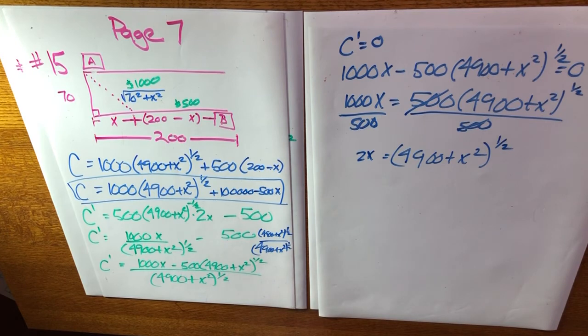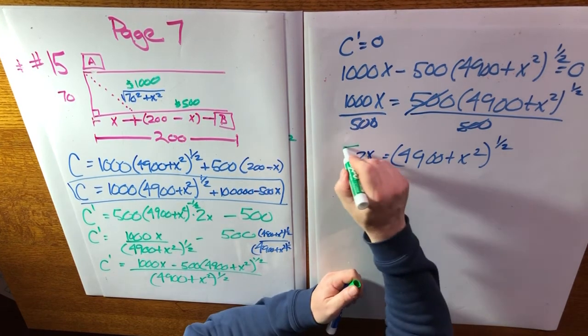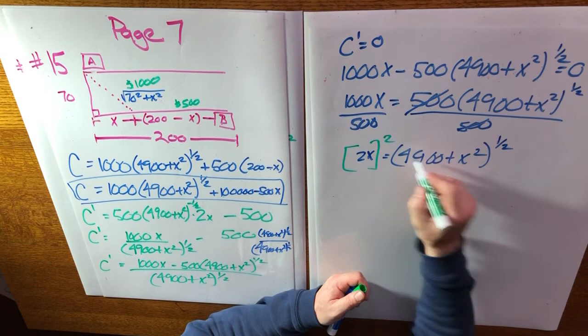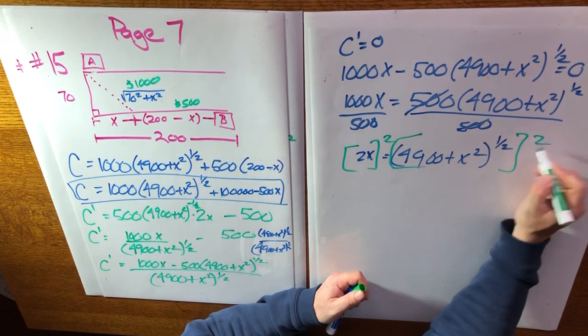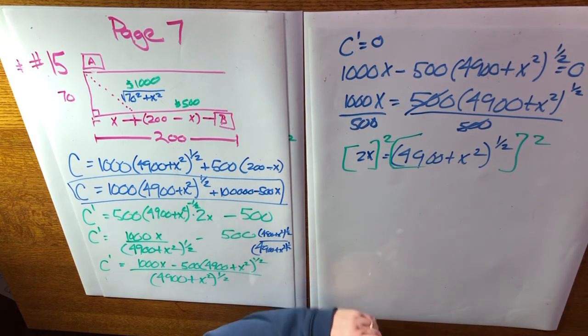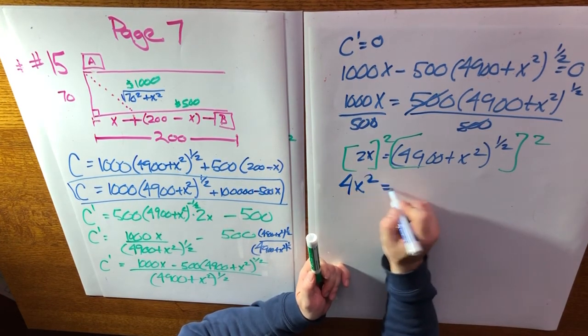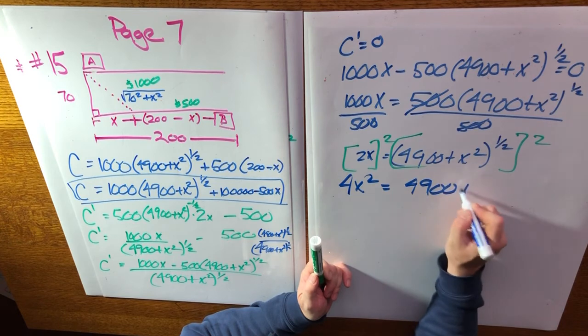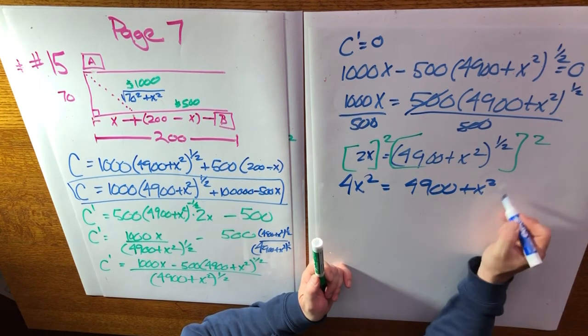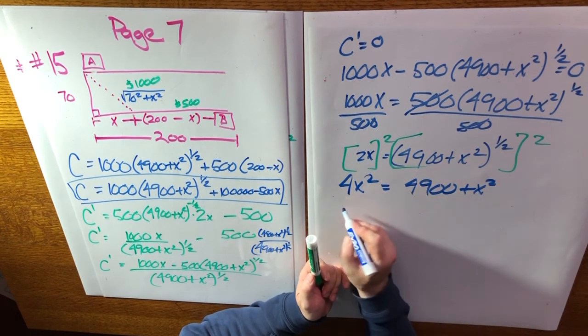So now that we have this situation here, we're going to take both sides and square it. And when we square this, we're going to be left with 4x squared equals 4,900 plus x squared to the exponent 1. So I can transpose the x squared.